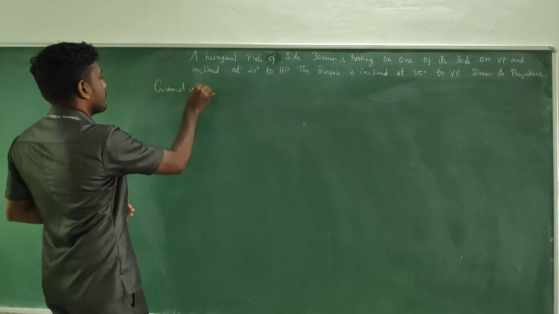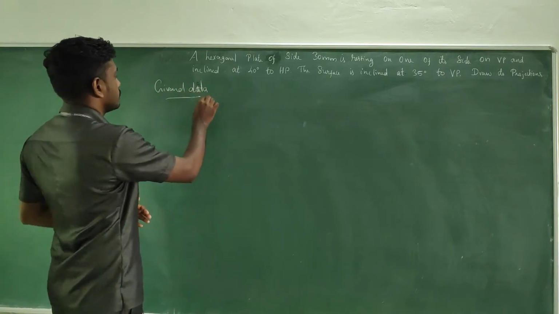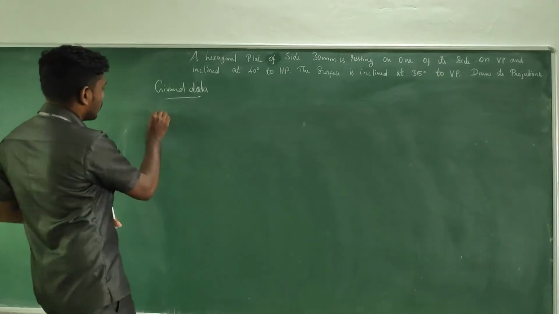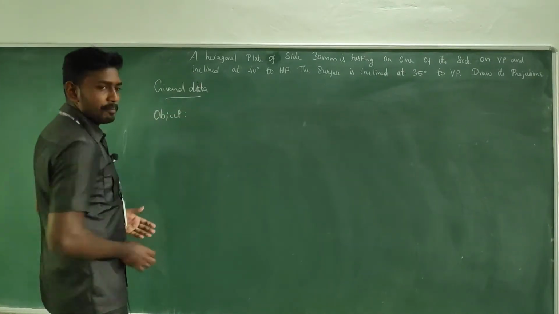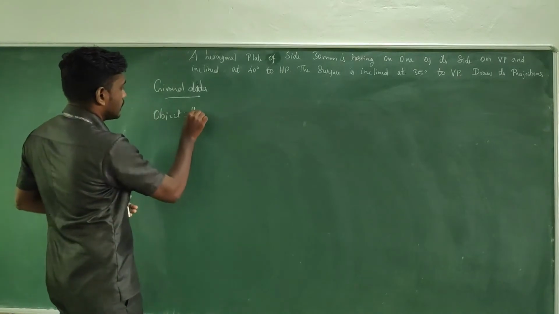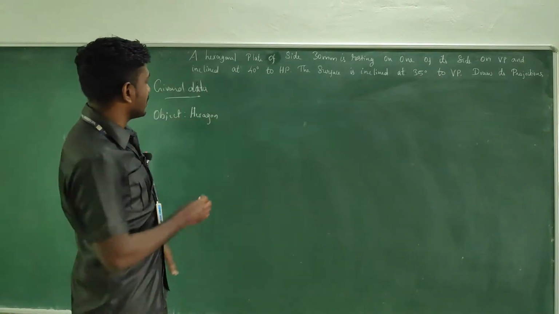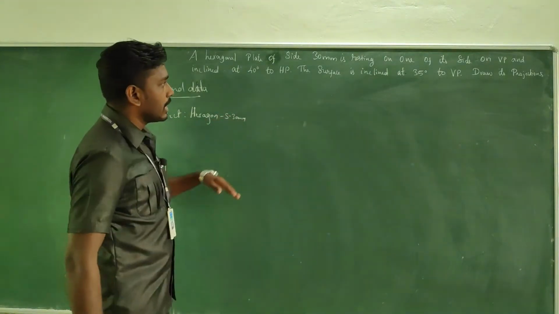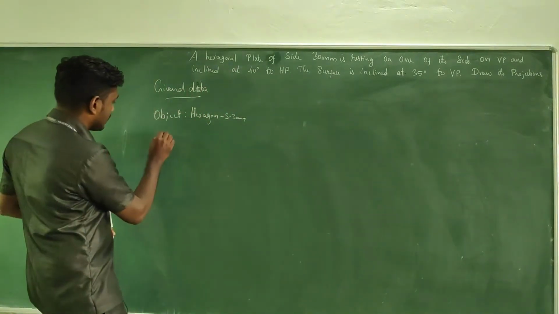Given data. What is the object given in the question? The object is a hexagonal plate, a hexagon with a side of 30 mm. And what about the resting?